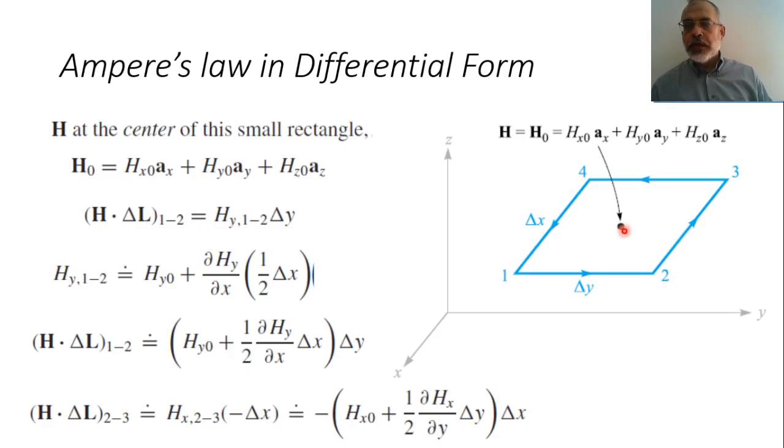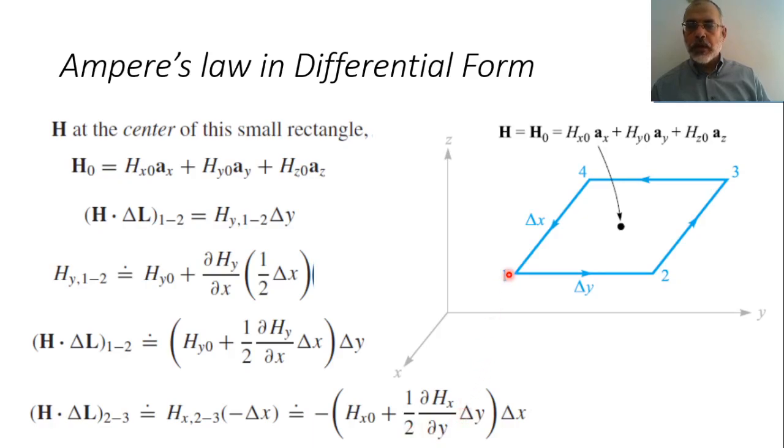So the integration along the path from 2 to 3 of H dot dl would be negative, because we are talking about negative x, not positive x, negative delta x multiplied by Hx0 plus the derivative of Hx with respect to y multiplied by delta y over 2.